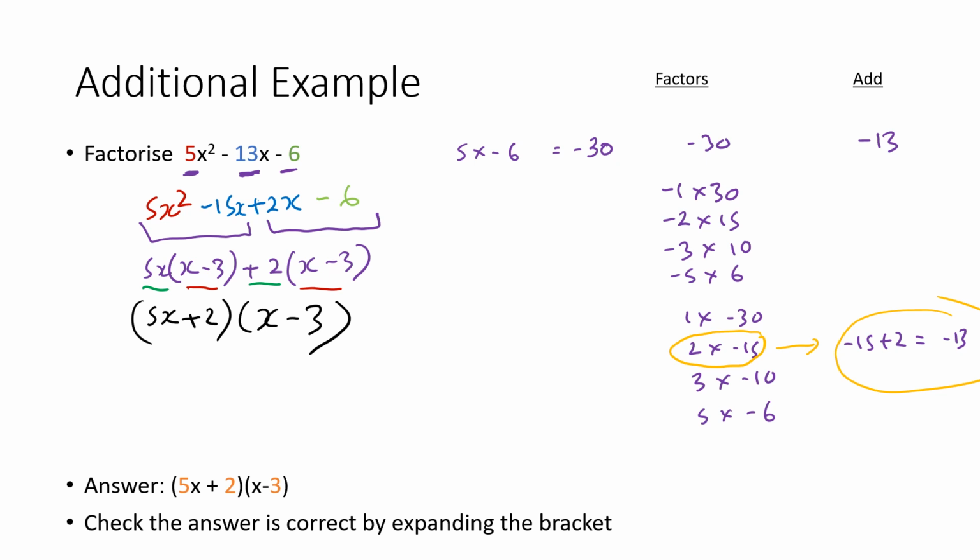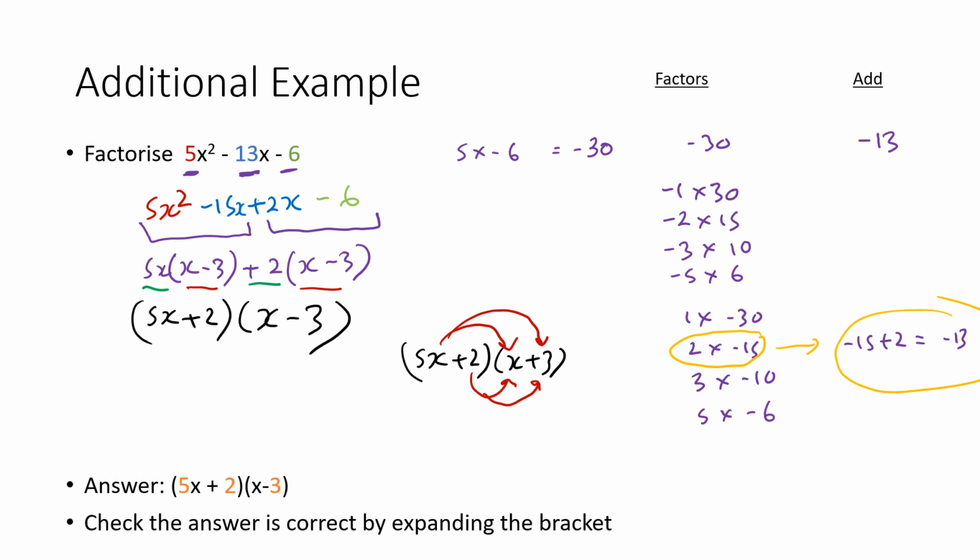If you were to do that, for example, with this question, it would have been 5x plus 2, x minus 3. So remember, you multiplied this one by this one, and then this one by this one, and this one by this one.